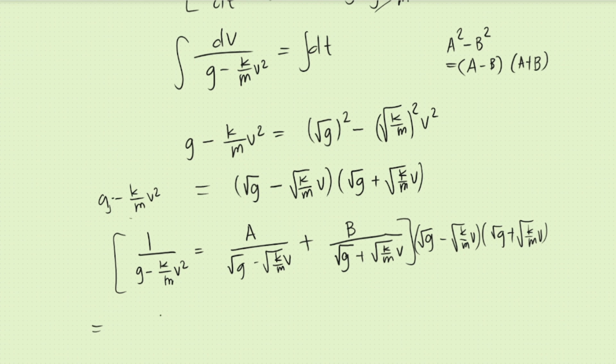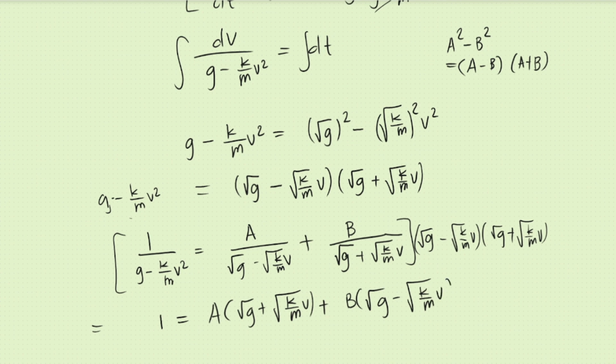We'll be left with 1 is equal to a times, what's cancelled if we multiply this expression here to here? The one that will be cancelled would be this one, right? So we would be left with a times square root of g plus square root of k over m v, plus b. If we multiply this to here, what's cancelled? These, right? So we'd be left with b times square root of g minus square root of k over m v.